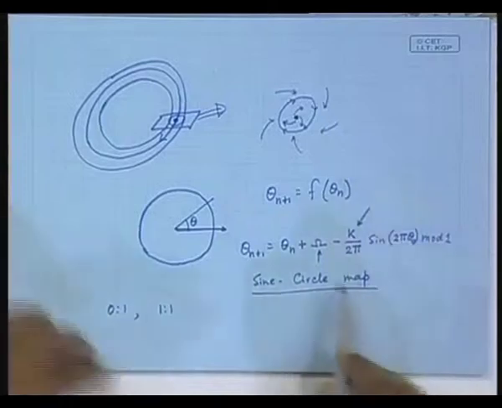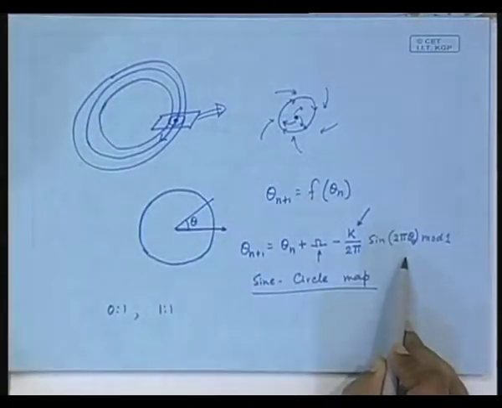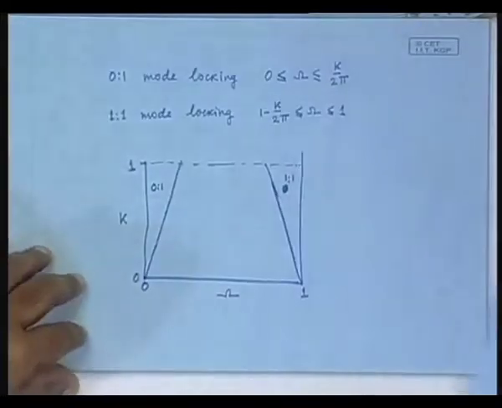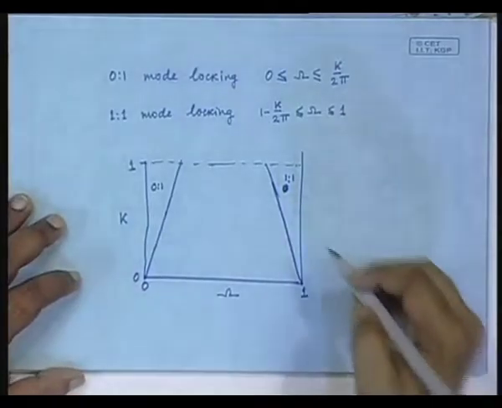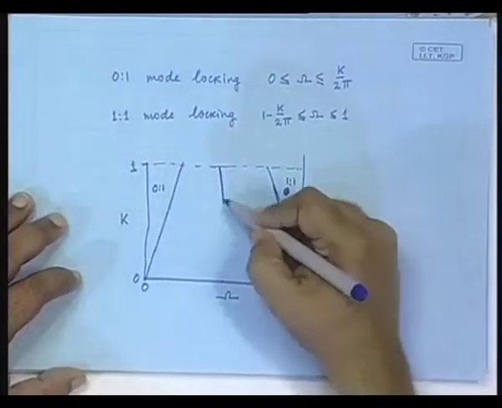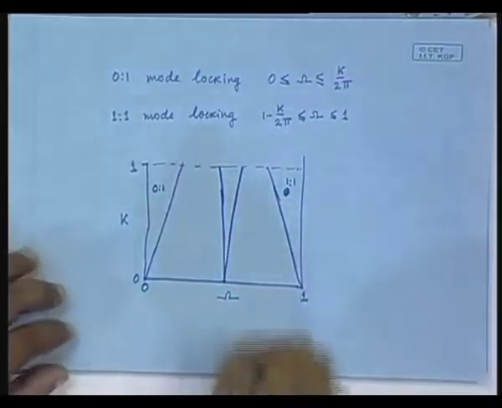If you try to do that yourself, this will give you some trouble, because you will land up in a transcendental equation. So, that needs to be solved numerically. If you do so, then you will find that here also there is a range that goes like this. Here is a 1 to 2.